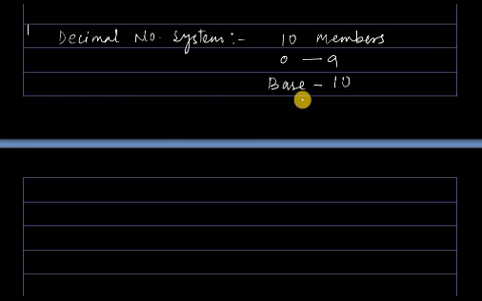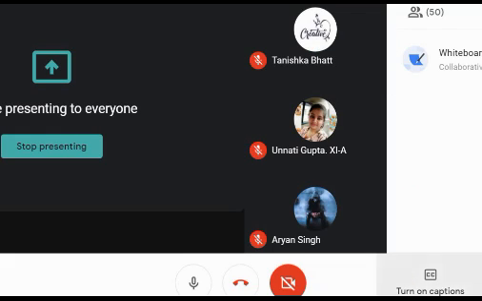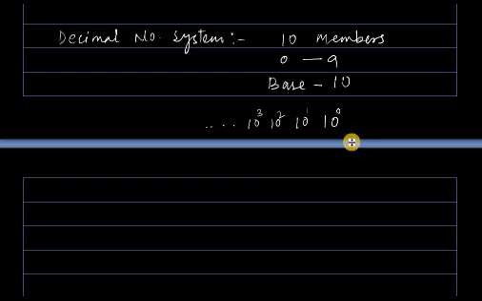It means if a number is formed, the rightmost digit will denote 10 to the power 0, then 10 to the power 1, 10 to the power 2, and 10 to the power 3, and so on. And I have told you yesterday that numbers are always formed from right to left. So the rightmost digit is multiplied with 10 to the power 0, then the second from the right with 10 to the power 1, and so on.